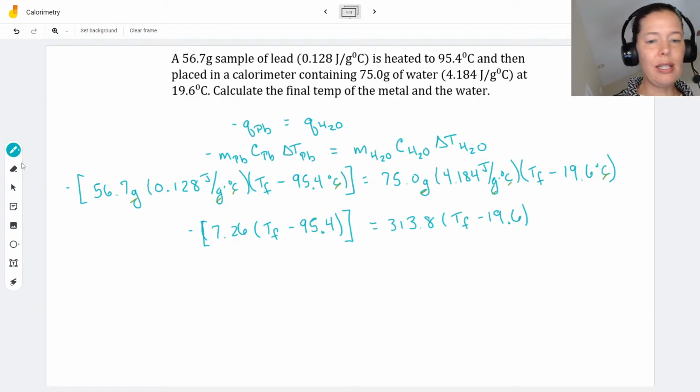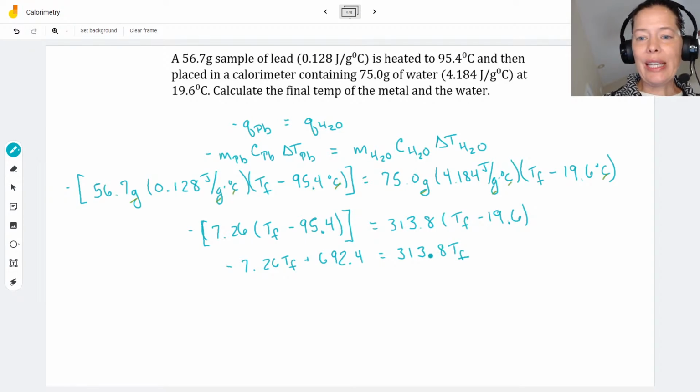Okay, let's keep slogging through this here. So we're going to carry this negative through. And the algebra does get a little tedious, but it will work out at the end.